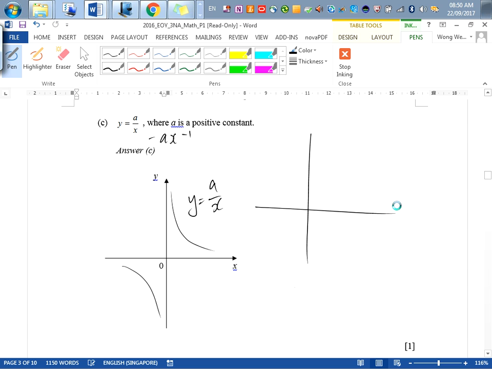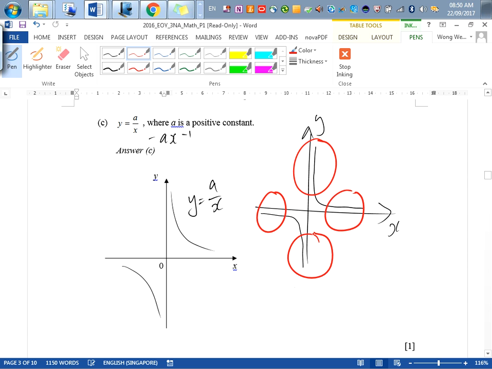Can I draw it like that? Cannot. What's wrong? Yeah, because over here I have a straight line. Here I have a straight line again, here a straight line, here a straight line. Whereas in my graph, it is a curve. Okay, note the difference.